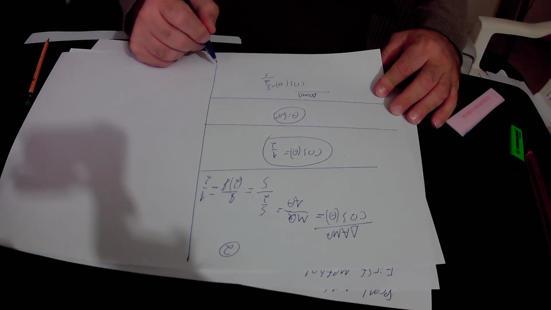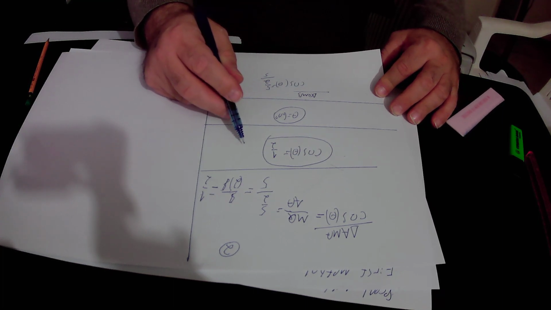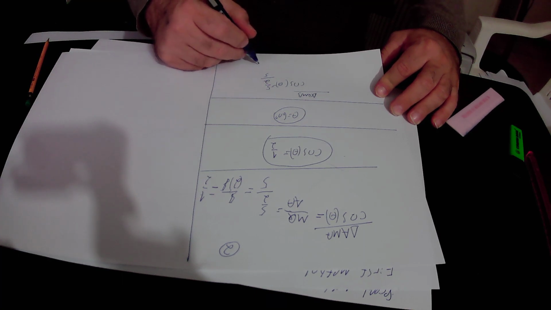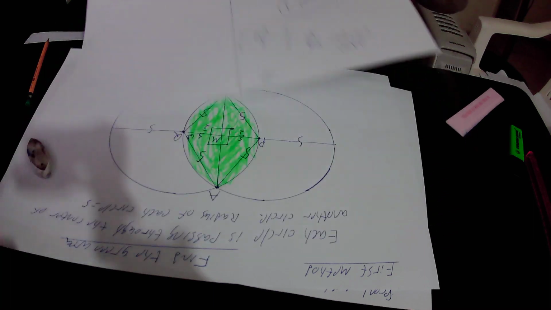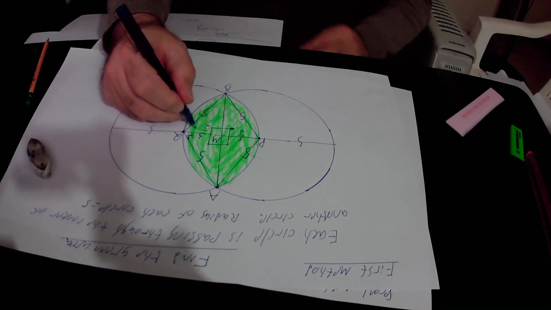And according to what we have already found out, theta also equals 60 degrees. So this angle also equals 60 degrees.